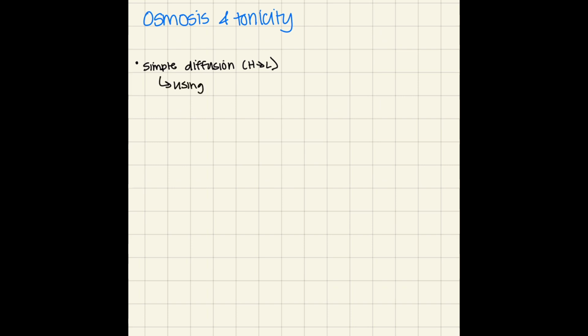So water is diffusing using an aquaporin, moving high to low. A lot of times when we're talking about osmosis, water also follows solute. So water follows solute, and that'll be important when tonicity comes into play.